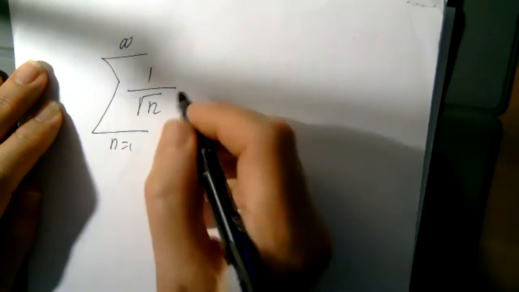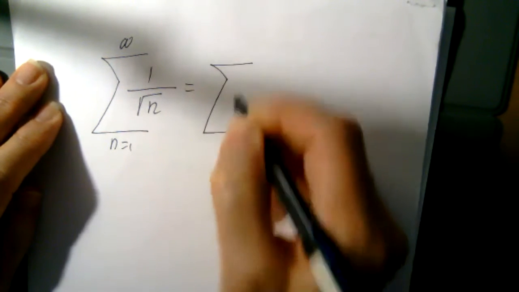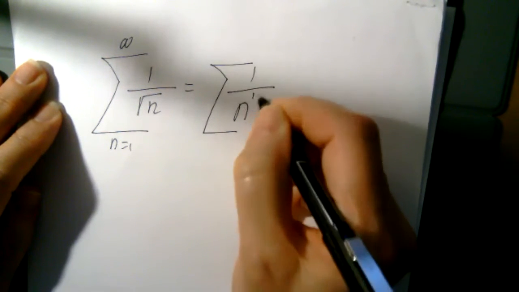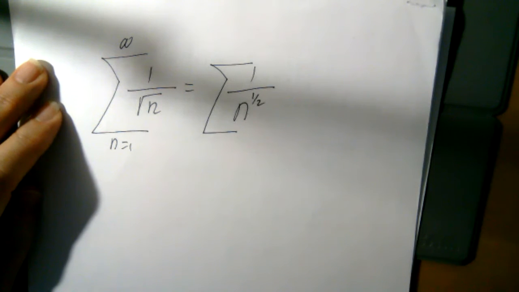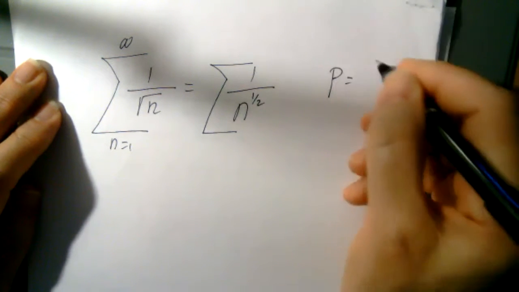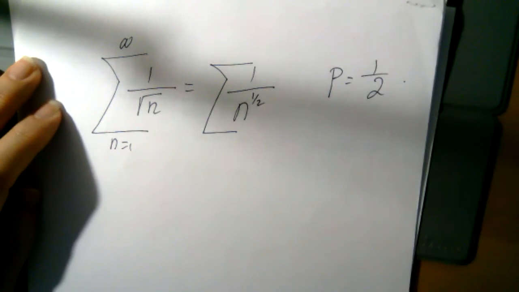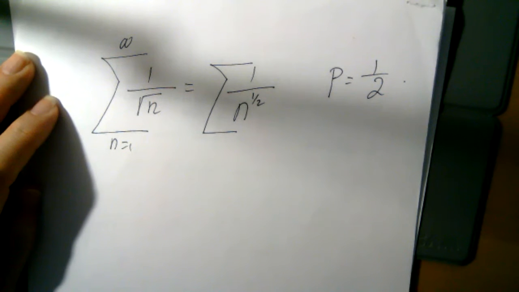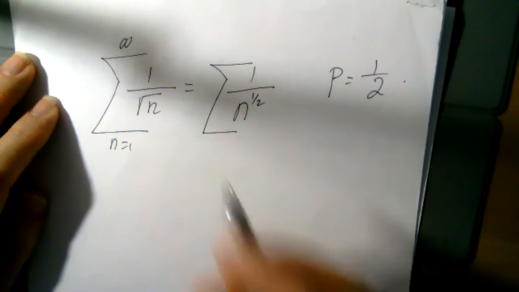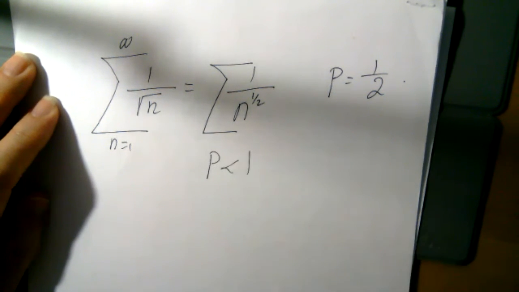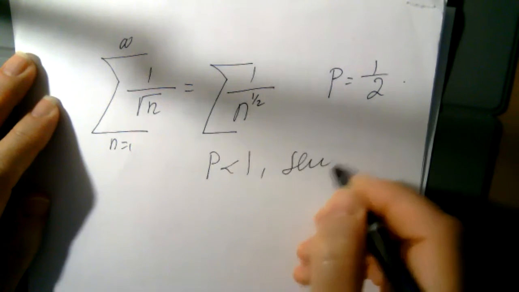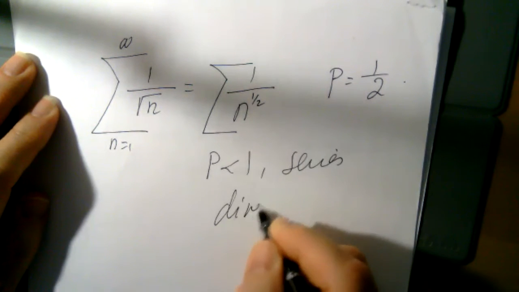So that's a p series. We're going to rewrite it as 1 over n to the power a half. My p is a half. Does it converge or diverge? P is less than 1, the series diverges.